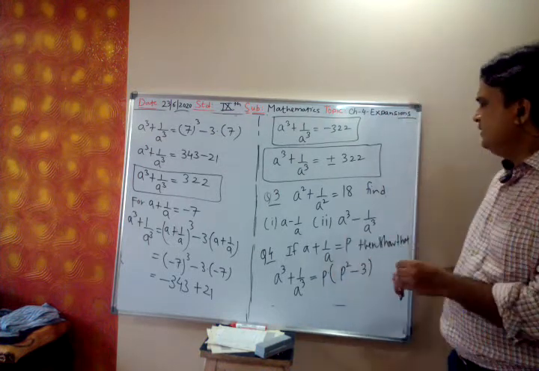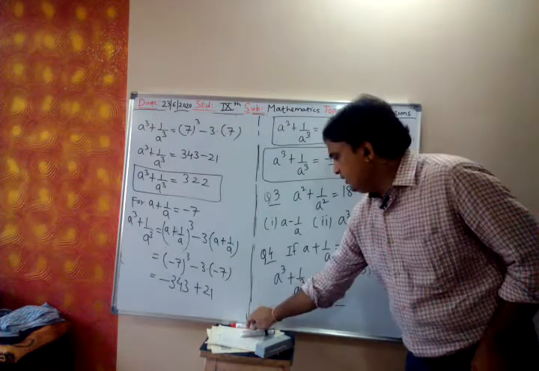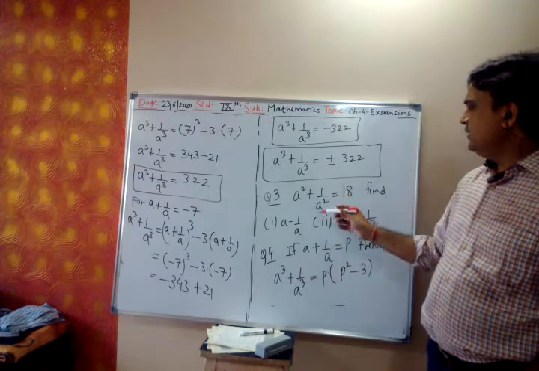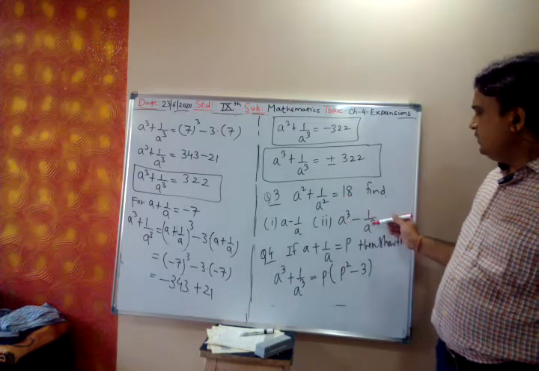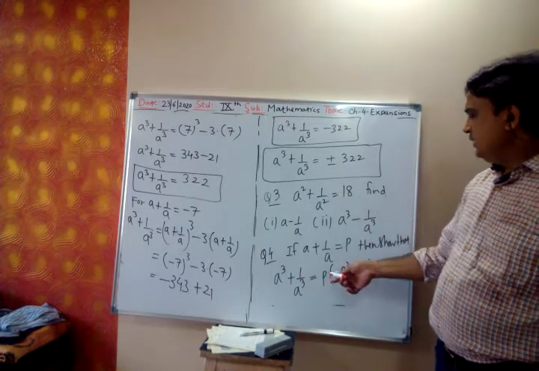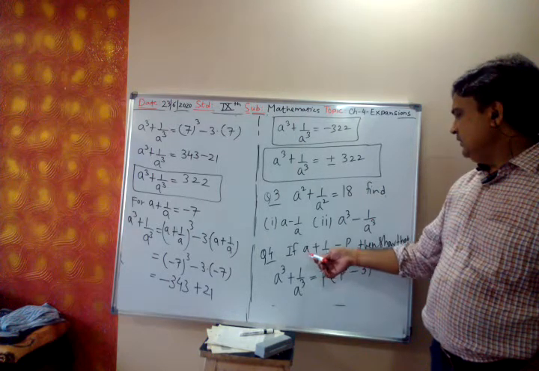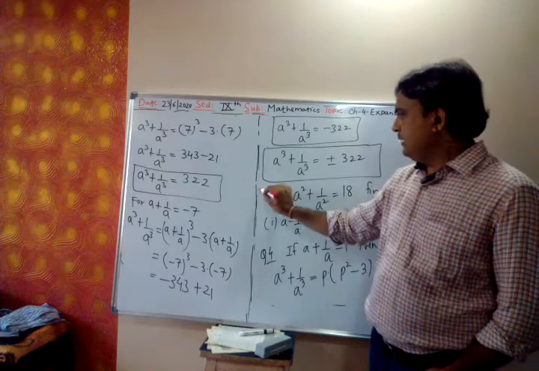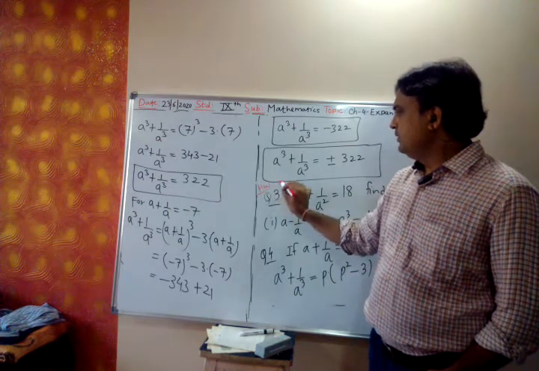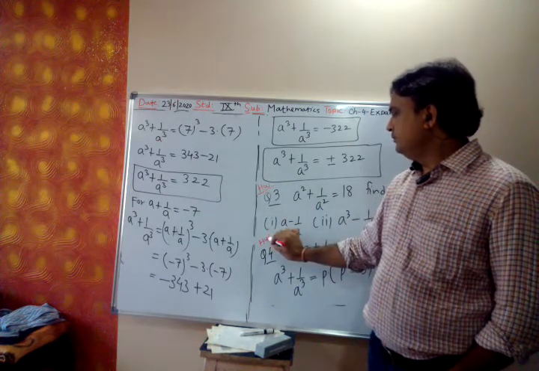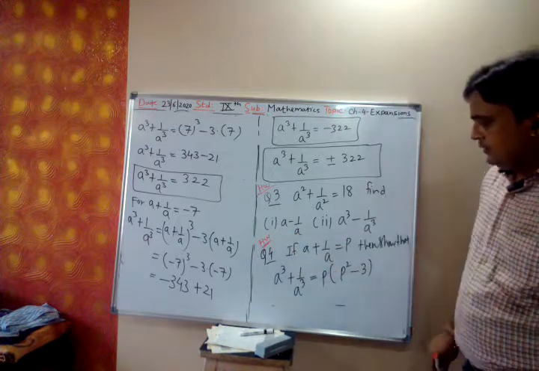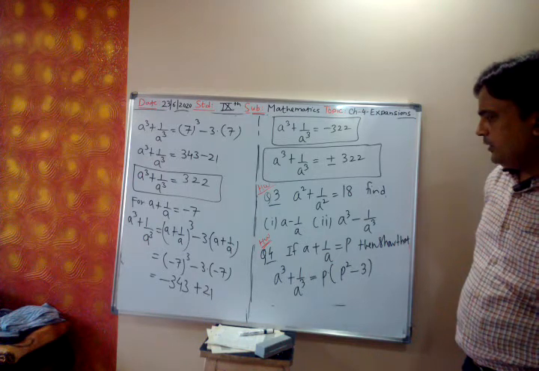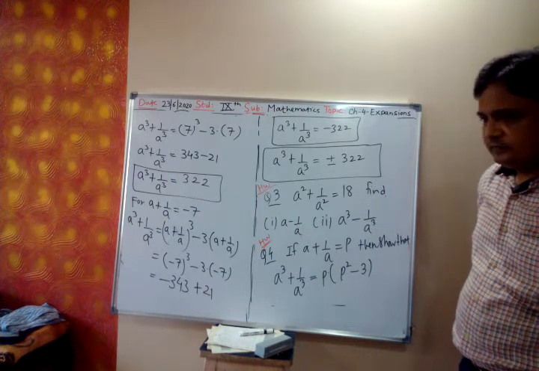So it does not matter. I had given you the formula; in question 3 you will use the a minus 1 upon a whole square formula. Then the a cube minus 1 upon a cube formula is already given to you. Third and fourth both I am planning to give as homework. Same formula, because you know the formula for a cube plus 1 upon a cube.